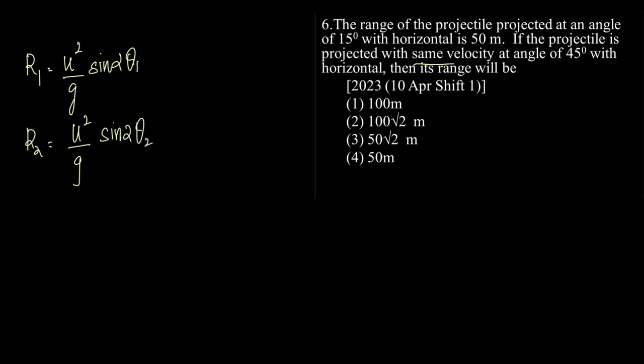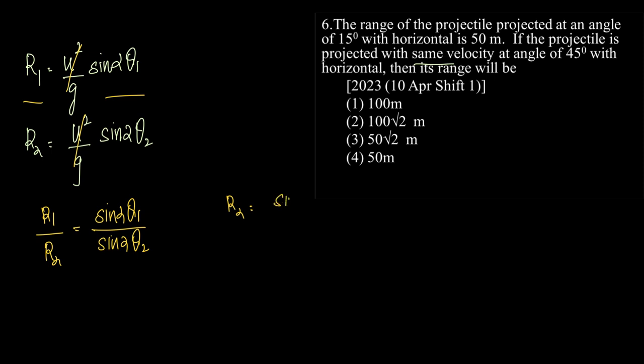Now if you were to divide R1 by R2, what do you get? What we get is R1 by R2 is equal to u square by g upon u square by g is 1. So this is equal to sine 2 theta 1 upon sine 2 theta 2, which means R2 will be equal to sine 2 theta 2 upon sine 2 theta 1 times R1, right?